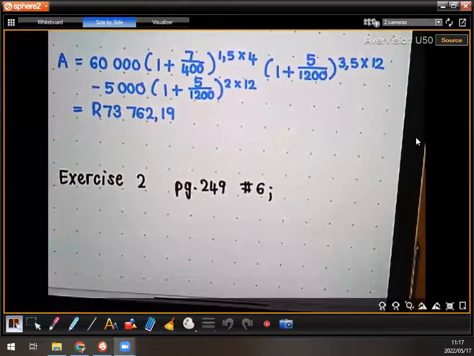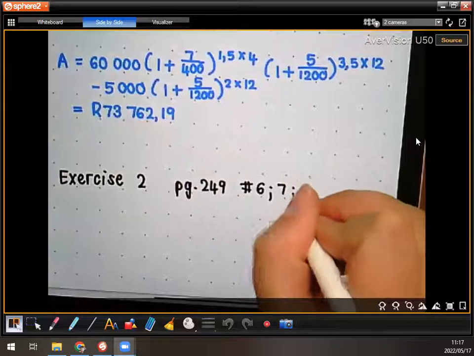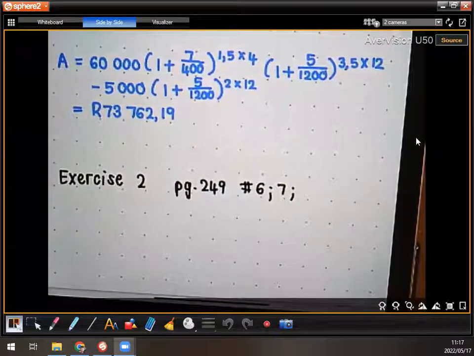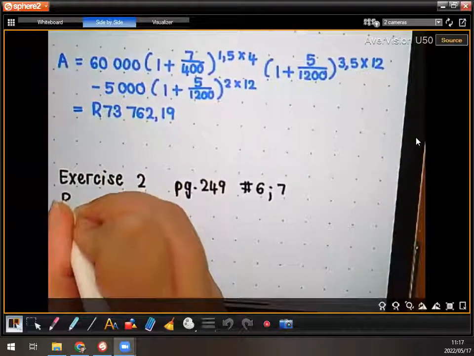Number 6, 7. There you go, just 6 and 7. And then from the revision exercise.